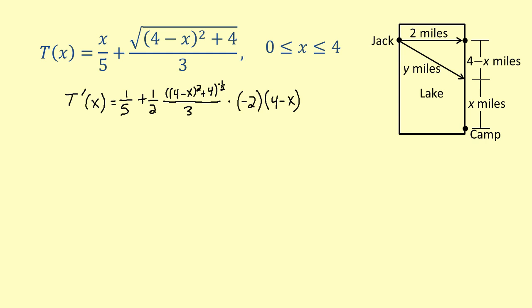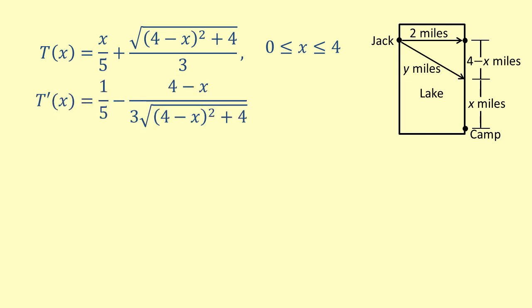Simplifying, we get 1/5 minus (4 minus x) all over 3 times the square root of the quantity (4 minus x) squared plus 4. The critical points occur when the derivative is equal to 0. So let's set it equal to 0 and isolate each term on opposite sides of the equation.